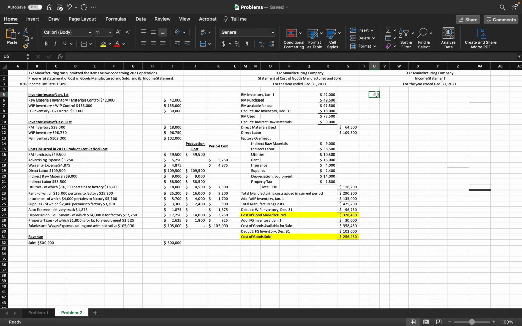So with the income statement, we'll follow a basic format. So what was our total sales to start with? From there, we'll need to subtract out the cost of goods sold, and then that'll give us our gross profit.